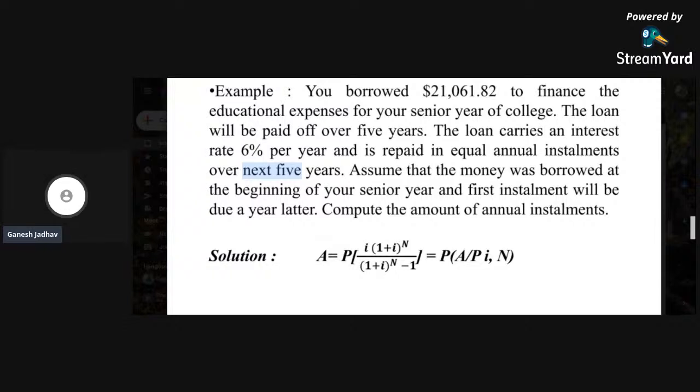So you get all the values, and you can solve this example by calculating the factor using the values of P, i, and n.